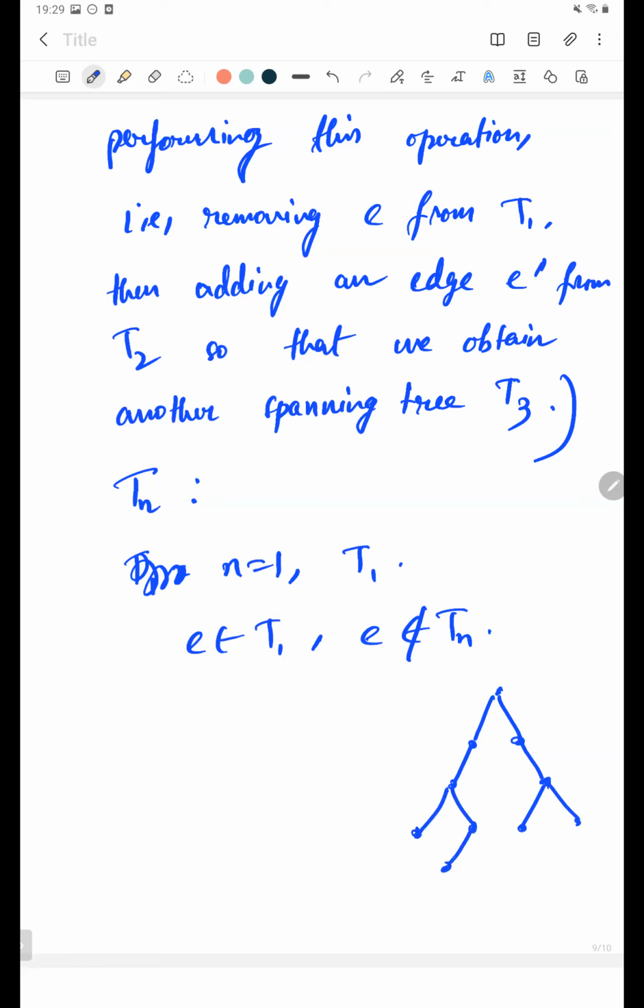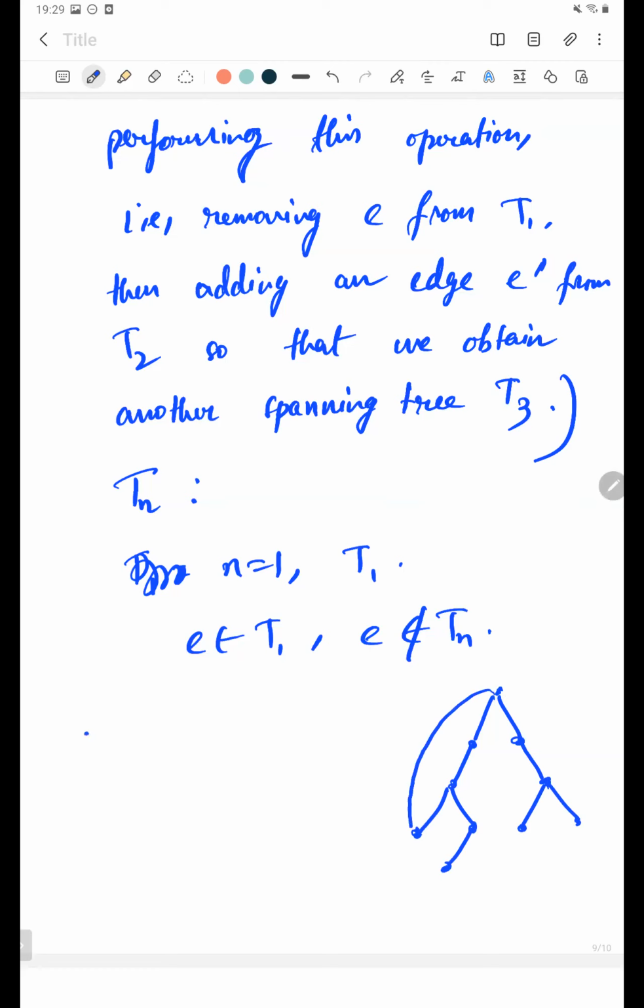This tree. And if we add an edge, in that case, we will obtain a cycle. That cycle will be unique, right? So from that new cycle, let's say we are adding this edge.